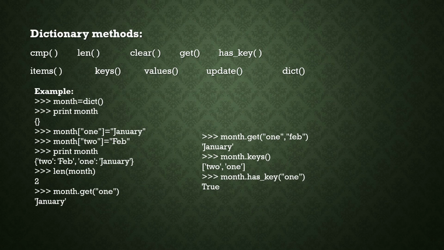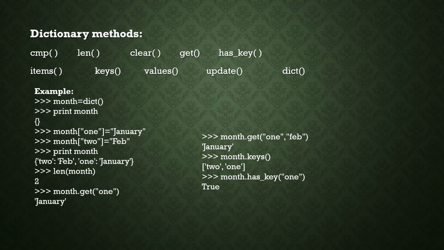Some example program segments are given here. month equal to dict, that means you are going to create a dictionary named month. Print month: initially there is nothing, so it will display empty curly parentheses.